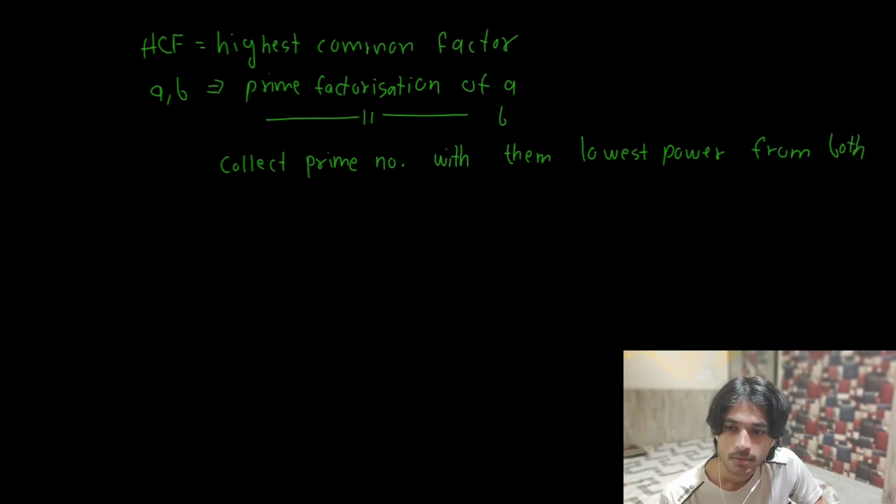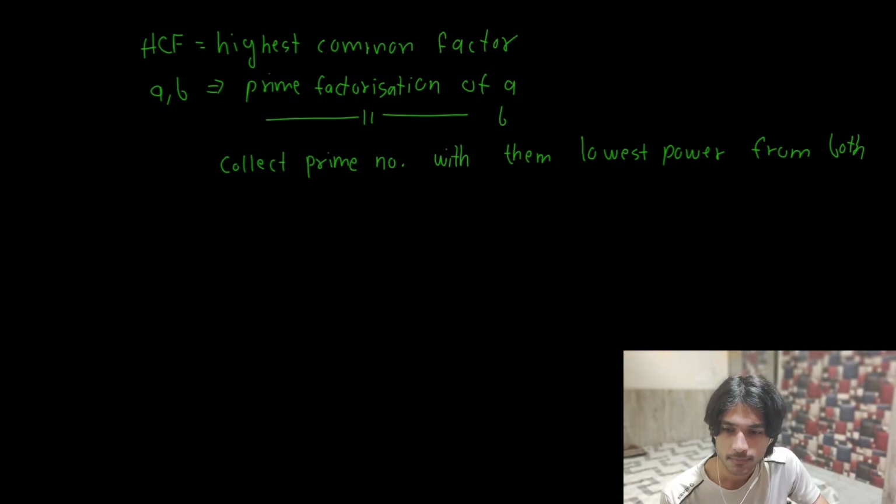So what it simply means is that I have to write A as a prime factorization. Then I have to express B in its prime factorization, and then I will simply collect all the primes that occur in both of the prime factorizations with the lowest power.